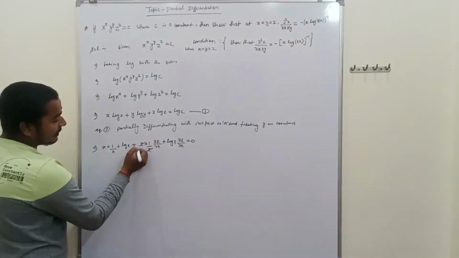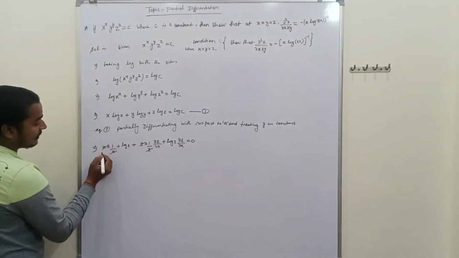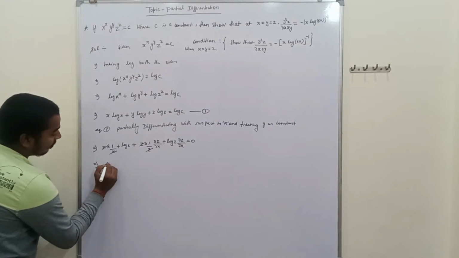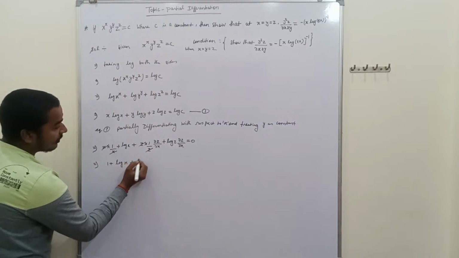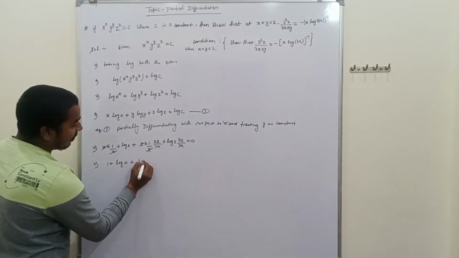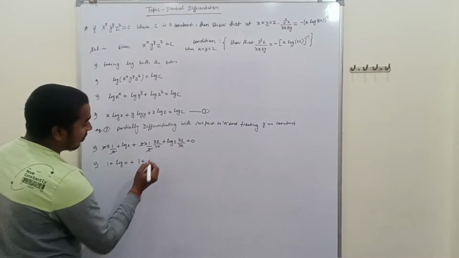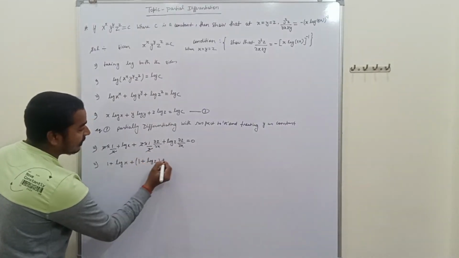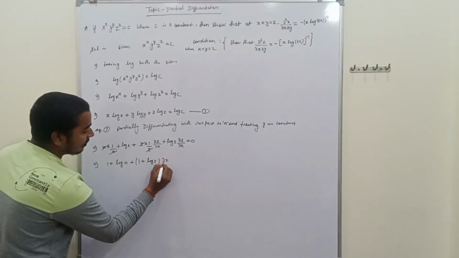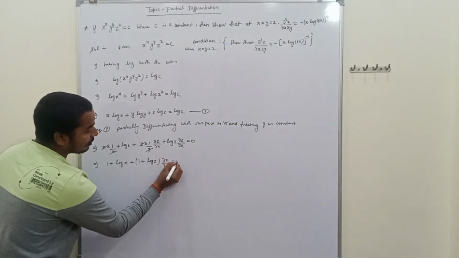Further we have to write: z is cancelled and x to x is cancelled, then the remaining is 1 plus log x, and here 1 plus log z, taking del z upon del x common, is equal to 0.